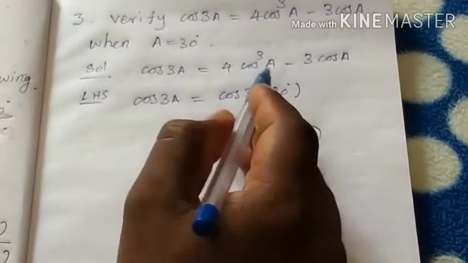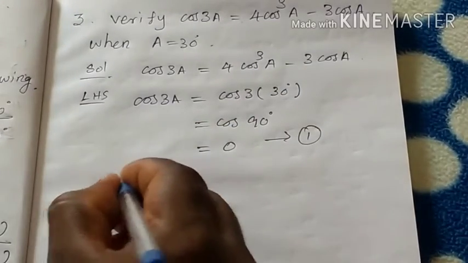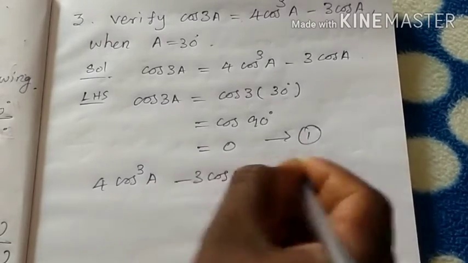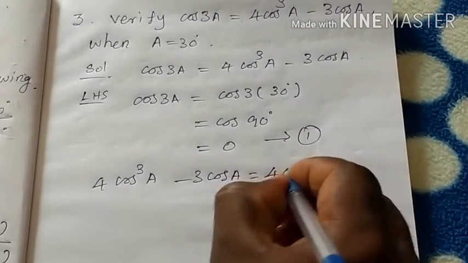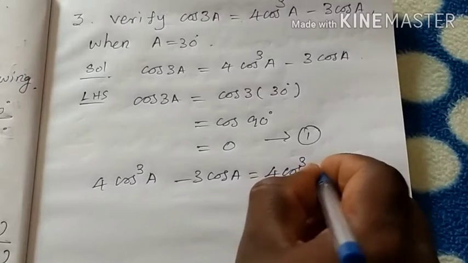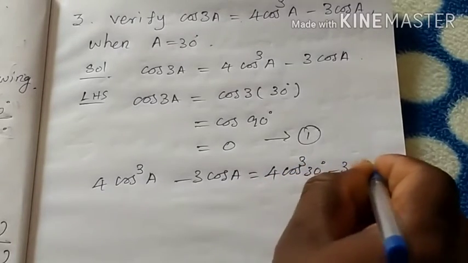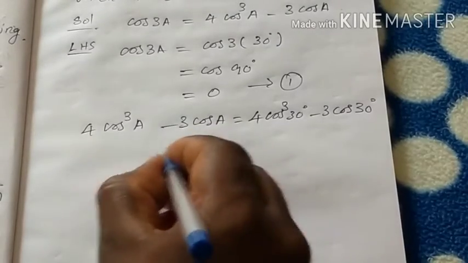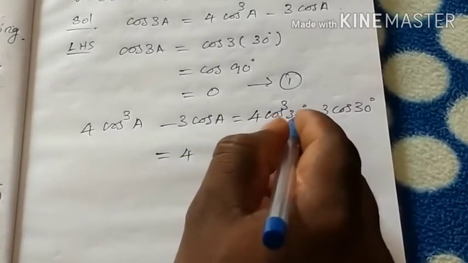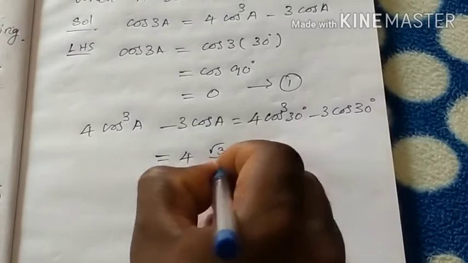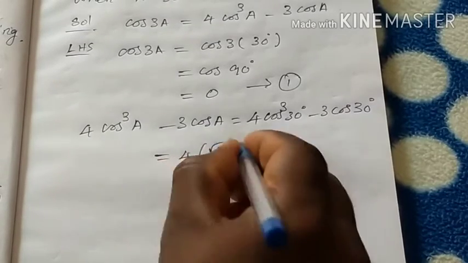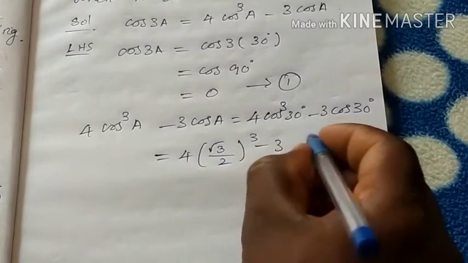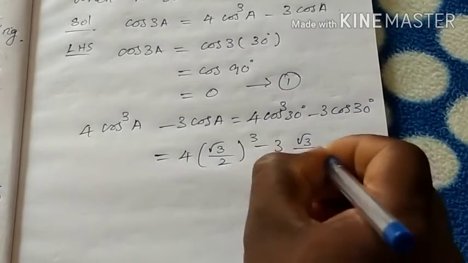Okay, next find the RHS. 4 cos cube A minus 3 cos A equal to 4 into cos cube A value is 30 degree minus 3 into cos 30 degree. Okay, which is equal to 4 into cos 30 degree value is root 3 divided by 2 the whole cube minus 3 into cos 30 degree value is root 3 divided by 2.